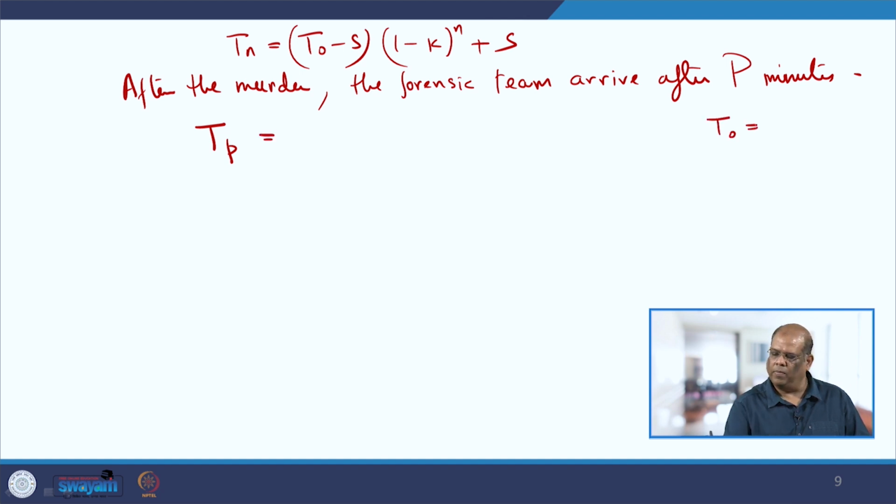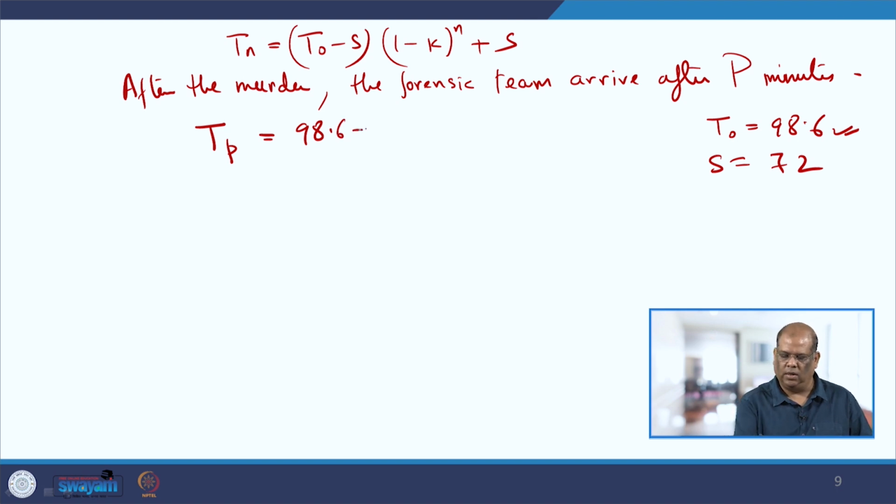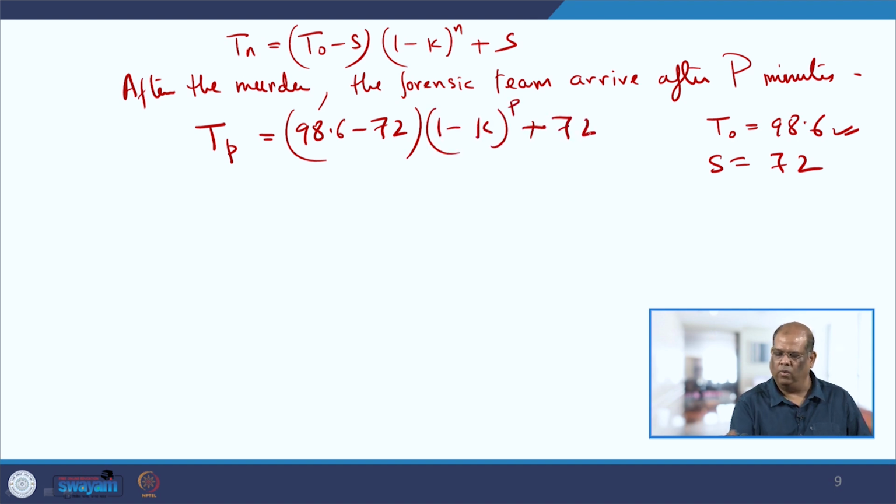The initial temperature of the body is 98.6 and the surrounding temperature, let's take as 72. So, if I substitute this in this equation, so just at the point of murder, the temperature of the body is (98.6 minus the surrounding temperature) (1 minus k) to the power p plus 72.